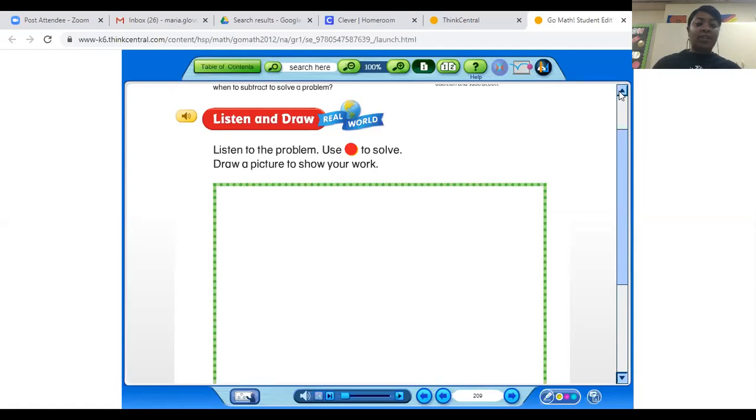So, what could I do? Let me draw the 16 games. All right, so I have my 16 games. Now, 8 of those are adventure games, so I'm going to go ahead and label them with an A for adventure.